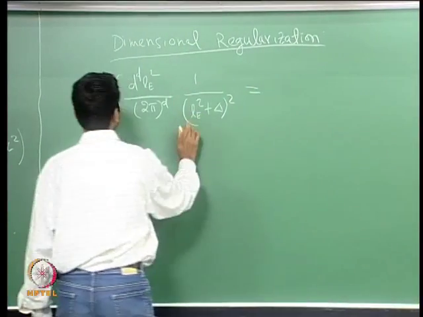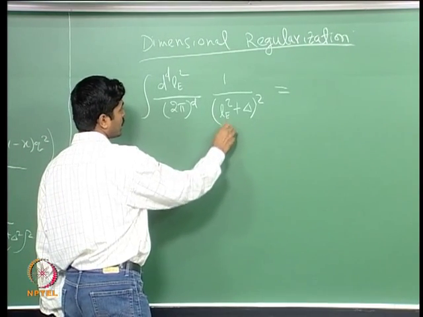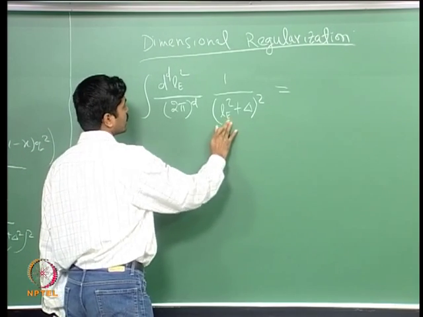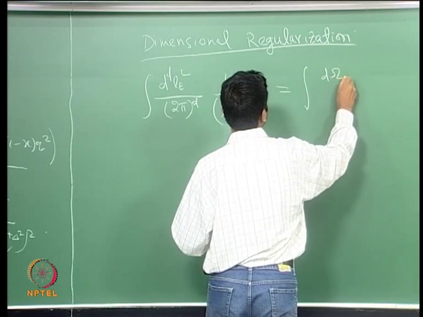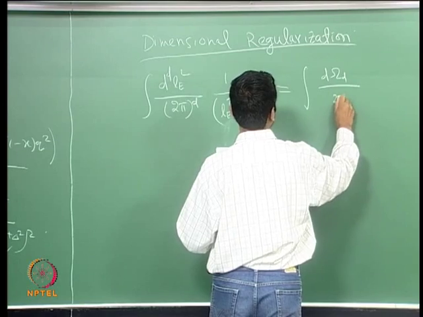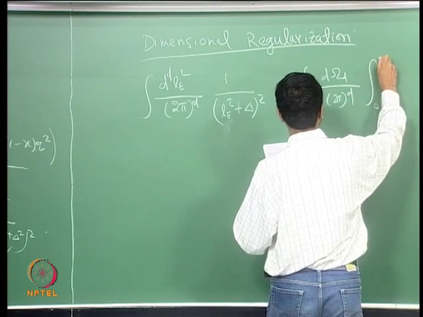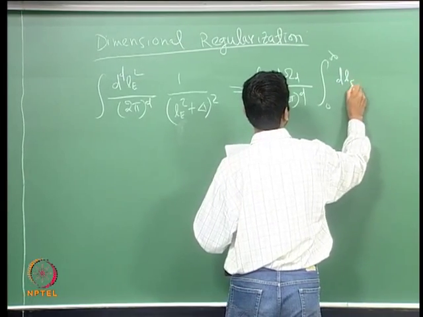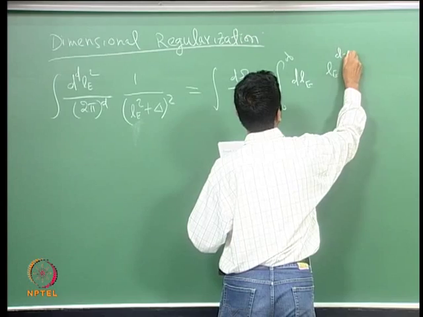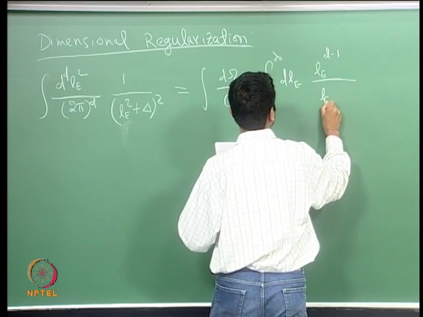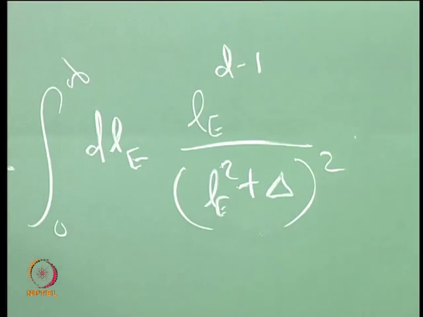Since the integrand depends only on the magnitude of l_E, I can rewrite this as d omega_d divided by (2 pi) to the power d, integration 0 to infinity dl_E, l_E to the power d minus 1 divided by (l_E square plus delta) whole square.